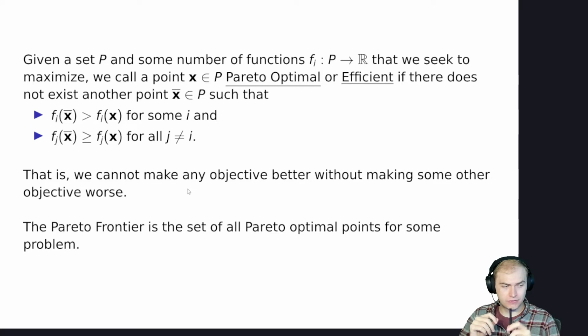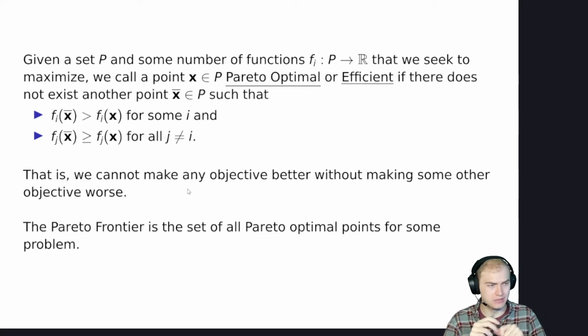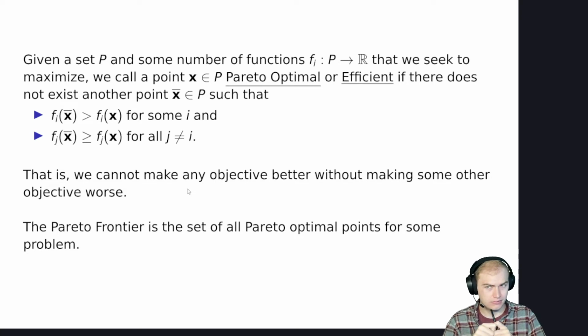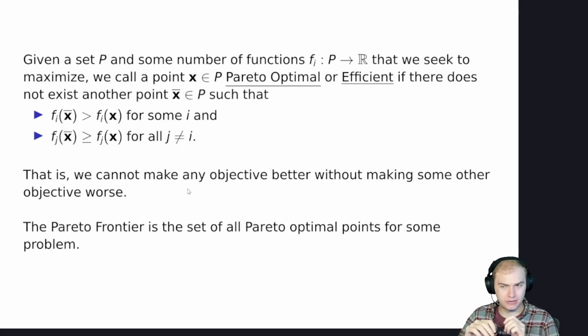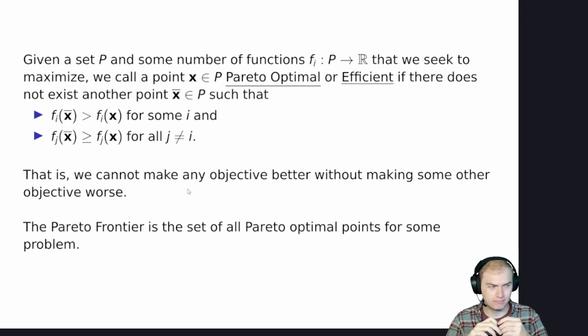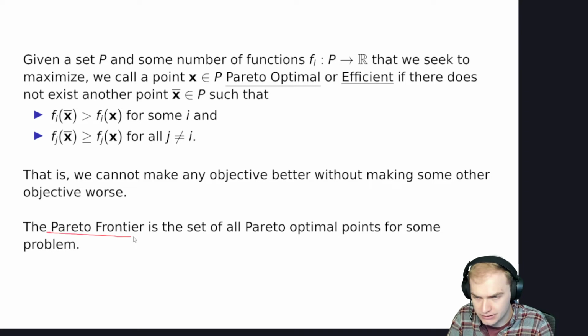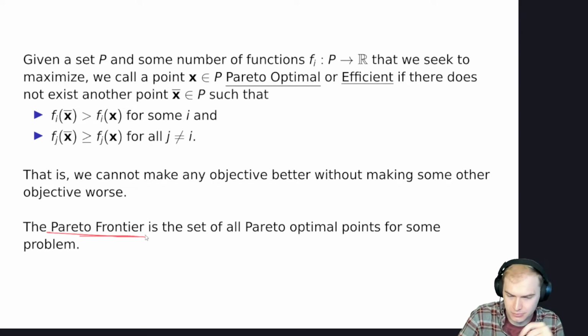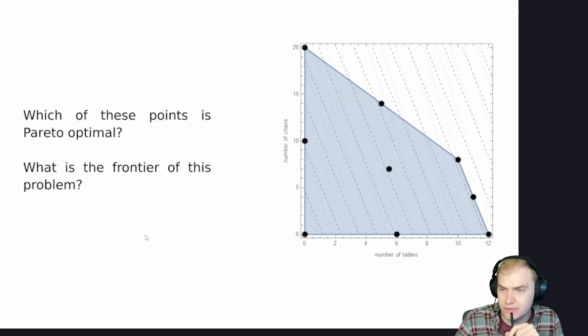If that's true for a point, then that point is Pareto efficient or Pareto optimal, depending on who you ask. So let's explore that. We call the Pareto frontier the set of all Pareto optimal points for a given problem.